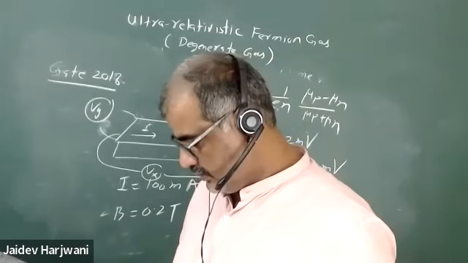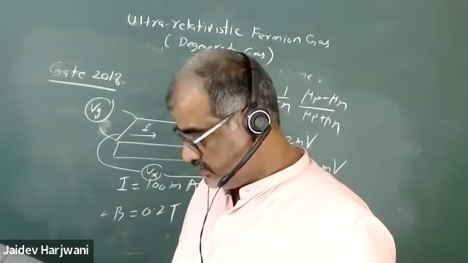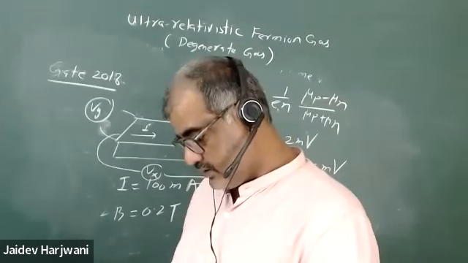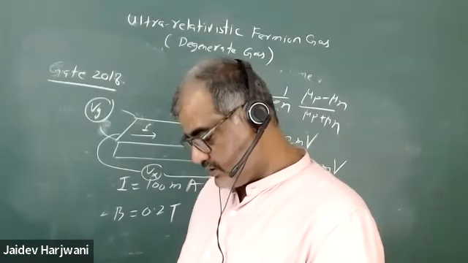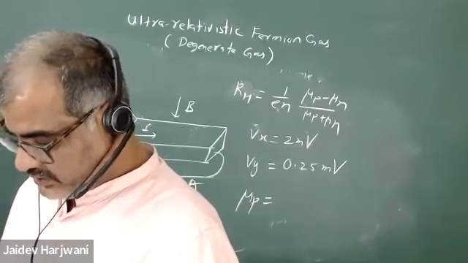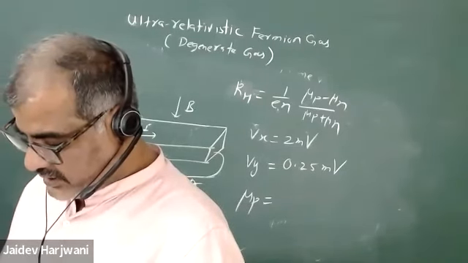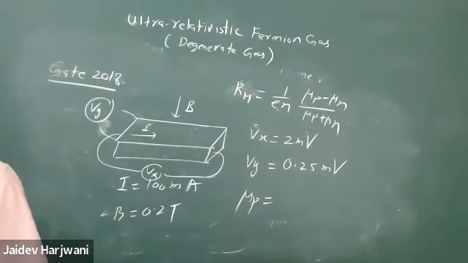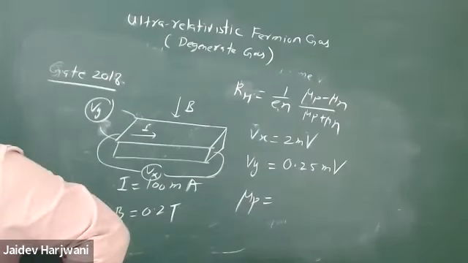How to do this one? If you calculate RH, we should be able to calculate mu p. If mu n is greater than mu p, we can neglect mu p here, then mu n. Okay, this question is homework, I will also check it, I saw it only today.